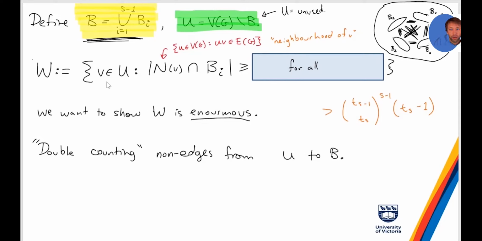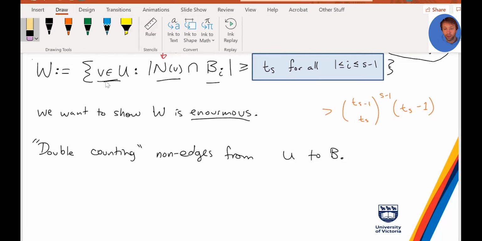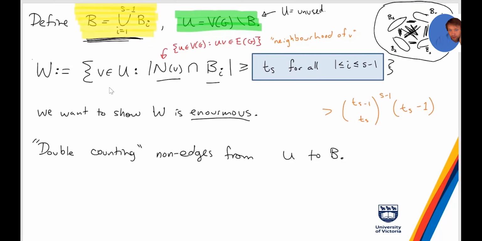And I let W be the set of all vertices V in U, all unused vertices, where the number of neighbors of V in Bi is at least T sub S for all i between 1 and S minus 1. So the vertices in W are my good vertices.